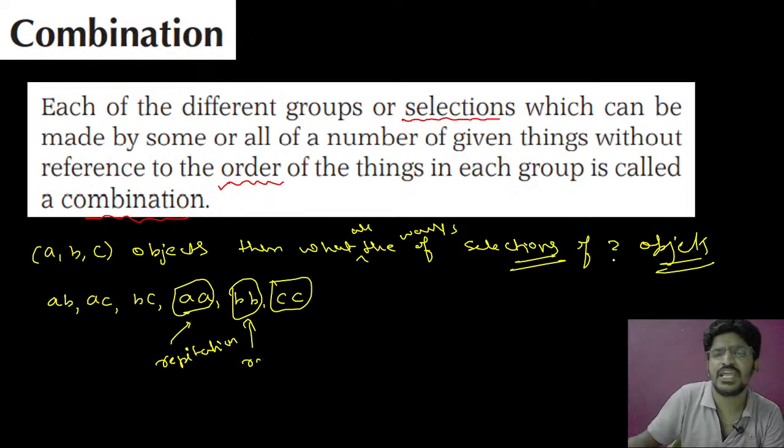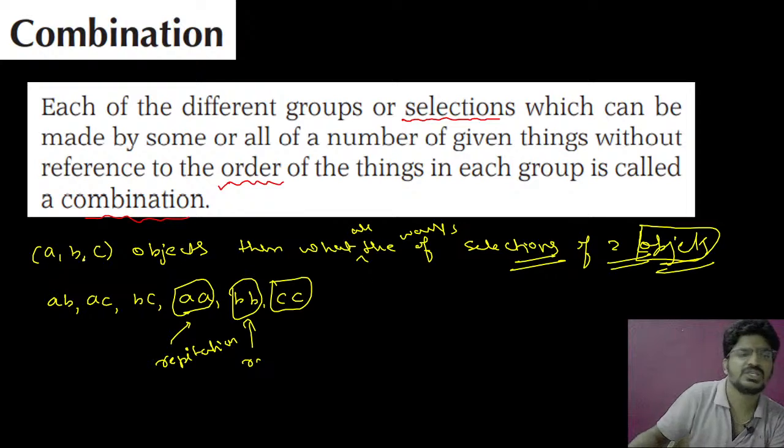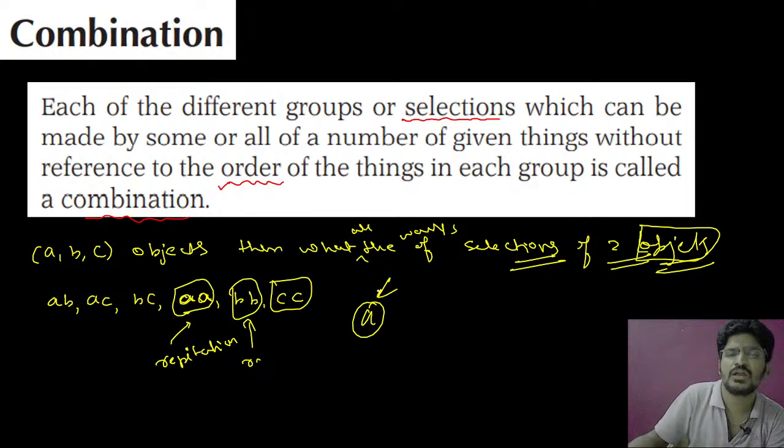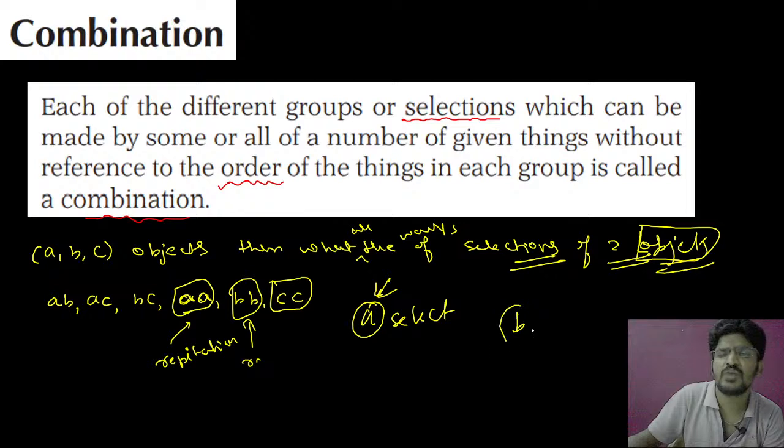So what I am telling is two objects, which means two different objects, not the same objects. So I can't repeat. Once I take A, it is over. Once I select B, it is over. Once I select C, it is over.